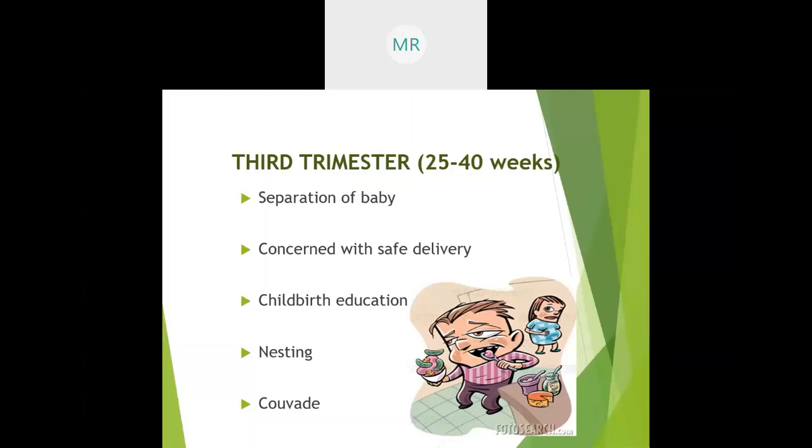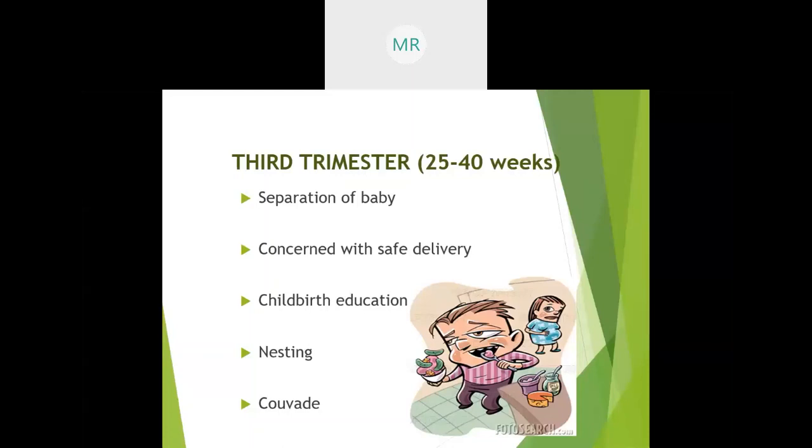Then we have to leave something for the partner, okay? When mom has that close connection with her partner, that father of the baby, then of course they say that the partner also gains weight, has cravings, has nausea, and all of that is Couvade syndrome. We always have to leave something.